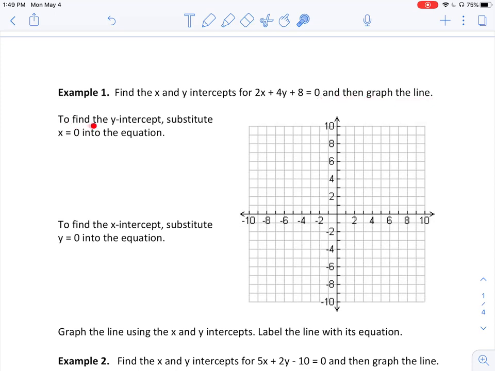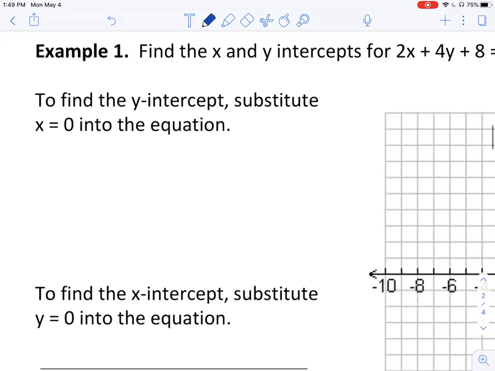Okay, so to find the y-intercept, or where the graph touches the y-axis, substitute x equals 0 into the equation, right? If the line touches the y-axis, we know that the x value has to be 0 because that is where the y-axis is. So if I plug in 0 for x in 2x plus 4y plus 8 equals 0, I get 2 times 0 plus 4y plus 8 equals 0.